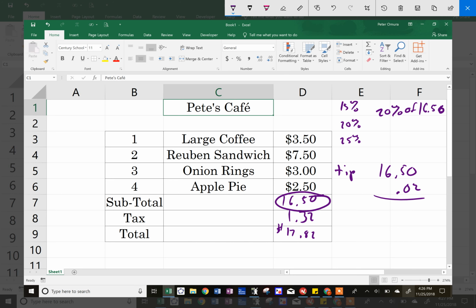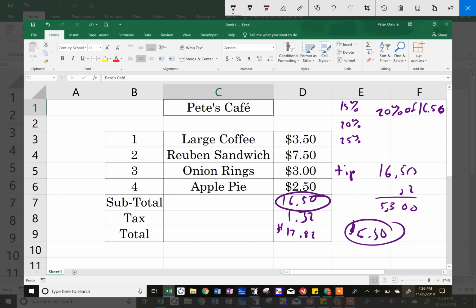No, that's not true at all, and I hope you caught that. $16.50 times 0.20 for 20%. I don't actually like to do 0.20 because it kind of messes me up, so I'm just going to do 0.2. And when I do that, I get $3.30. So my tip should be $3.30.